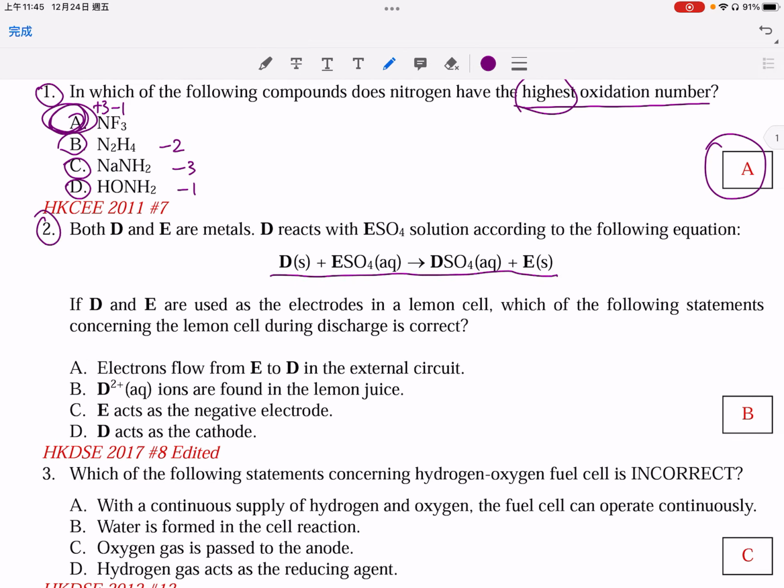Based on this reaction, you know that D is more reactive than E, right?